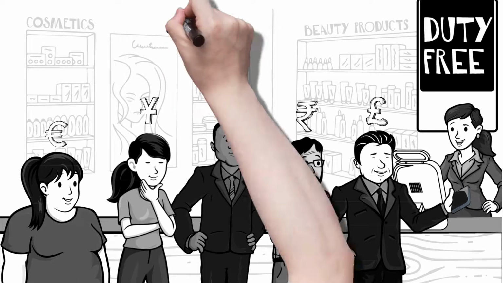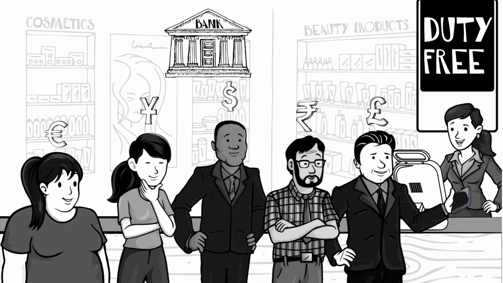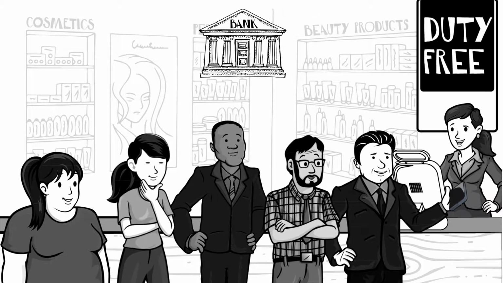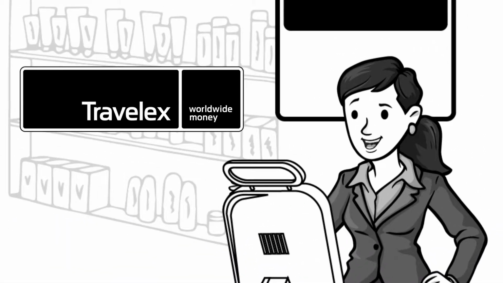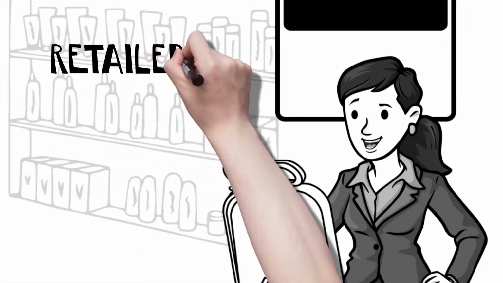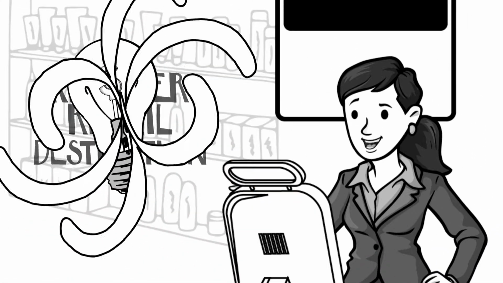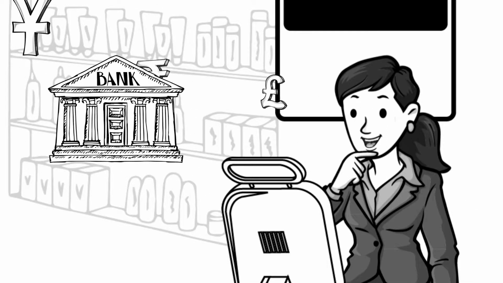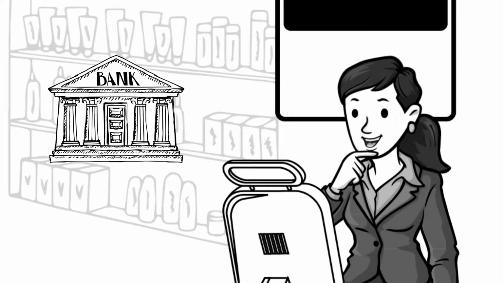When they complete the transaction, their bank at home, also called the issuing bank, makes some revenue out of this international transaction. Travelex offers you, the retailer or the retail destination, a new payment solution that will allow you to benefit from that transaction instead of the issuing bank.